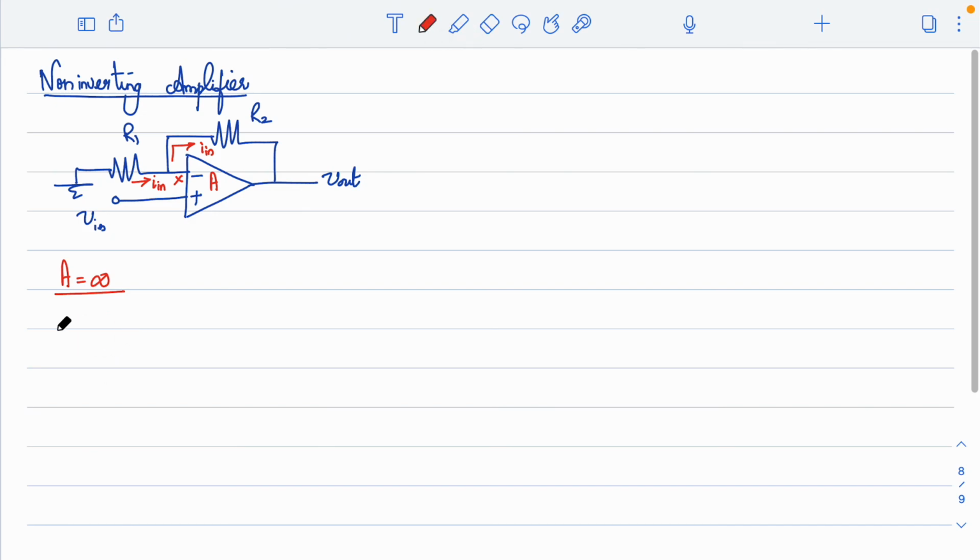The same thing, we will write it as, so this node is say V2, this is V1, V2 minus V1 into A is equal to V out for the open loop op amp. So from that, say first if I am considering A as infinity, V2 is equal to V1.